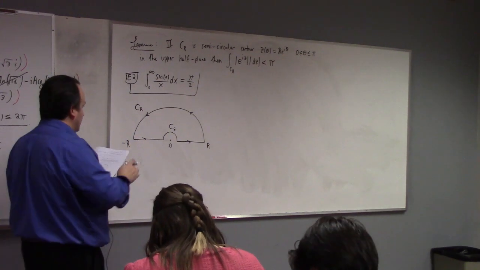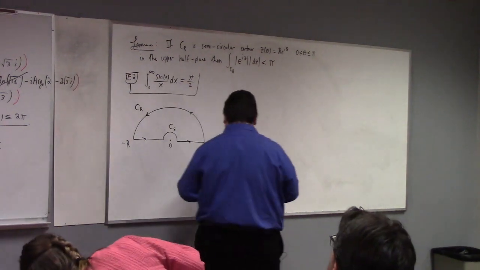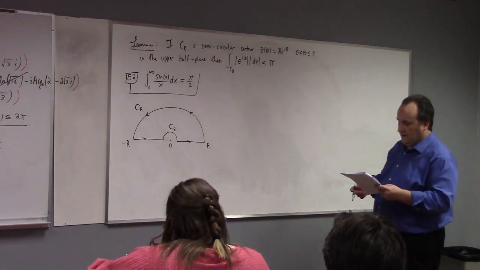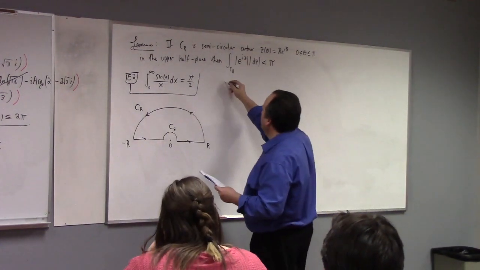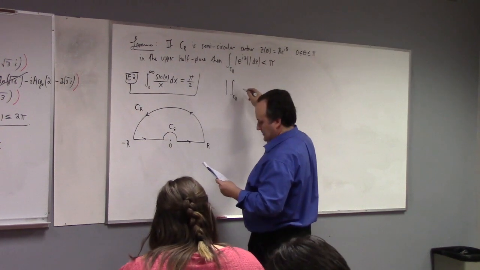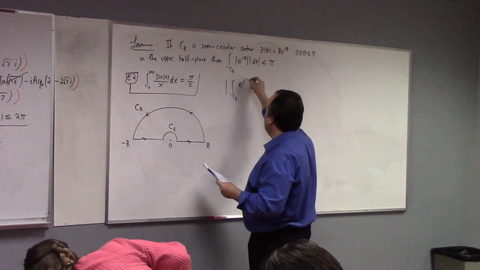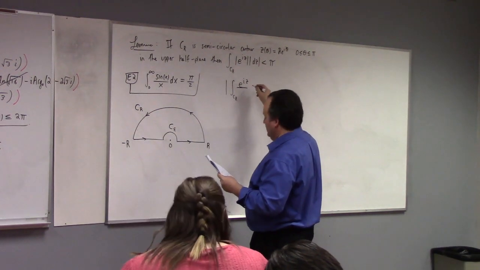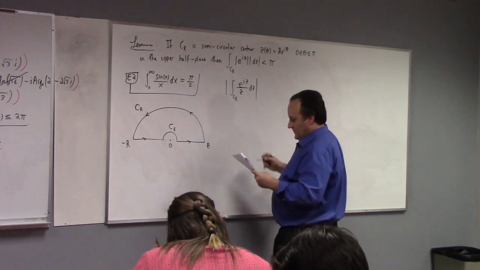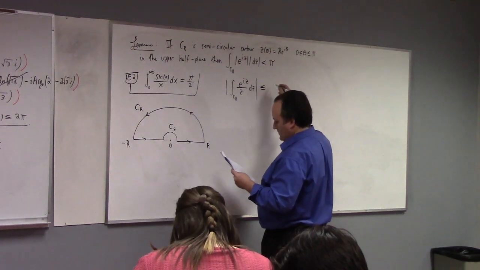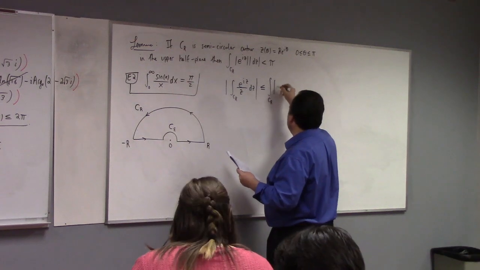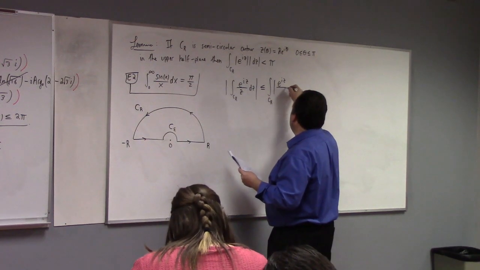So I'm going to call this, well, that's the contour of interest. And what we're going to do is look at the absolute value of the integral over CR of e to the iz over z dz. Let's see why that's interesting. So this, of course, is less than or equal to the integral over CR of the modulus of e to the iz over z dz.